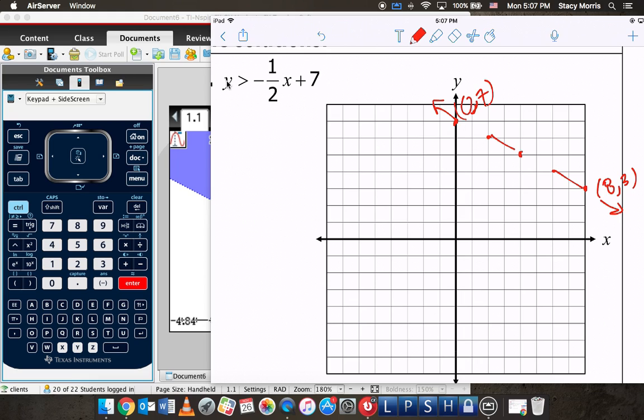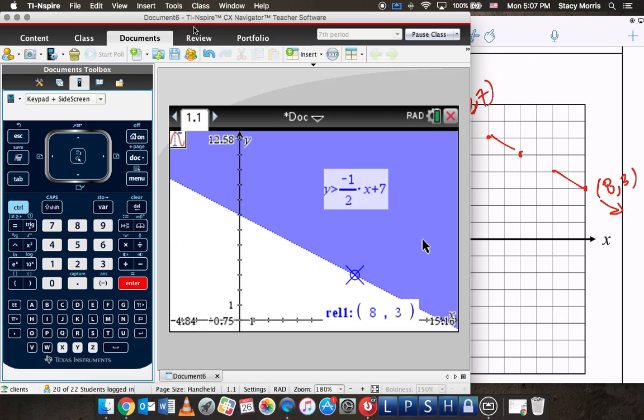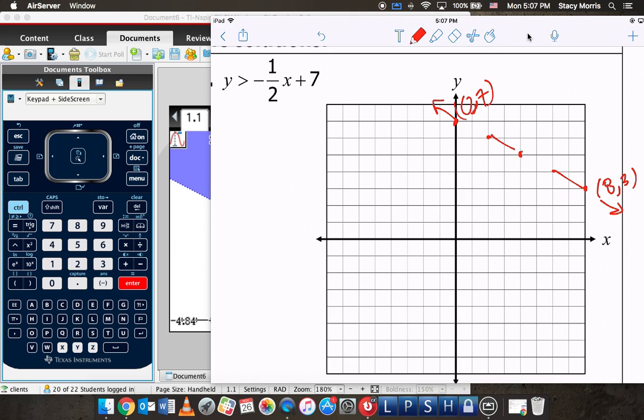And then we're shading greater than, which is above, and that is what our graph here shows, is that it's shaded above. So I'm shading above this. So every point above the line, not on the line, but above the line is a solution. So all of that is a solution. 0, 0 right here would not be a solution. So that's using your calculator to confirm it.